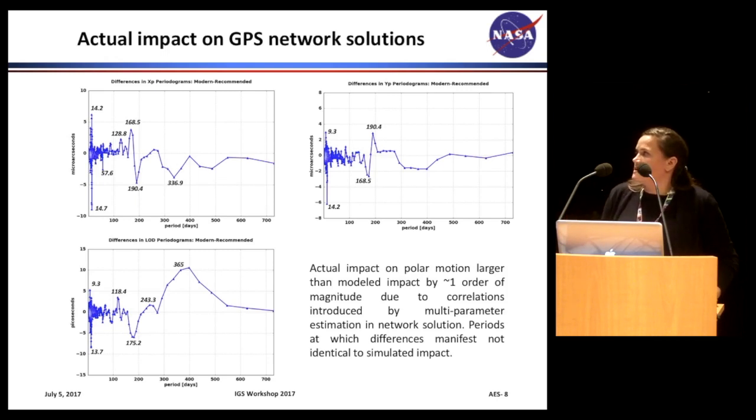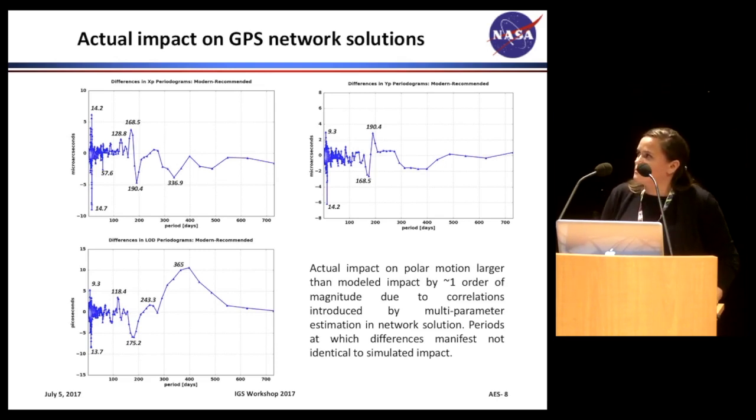So for the same reason, the periods at which those differences manifest is not identical to the simulated effect. We have some draconic signal coming in there. So you can see that those periods are a bit shifted.